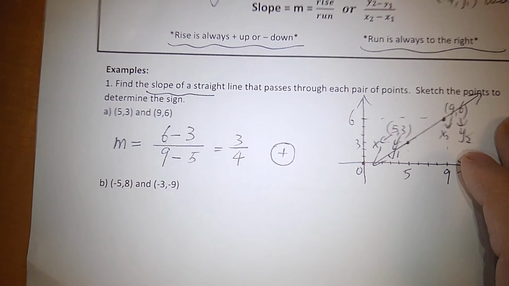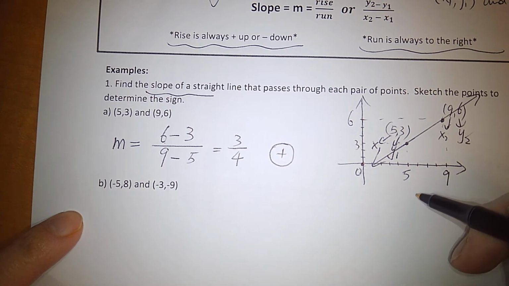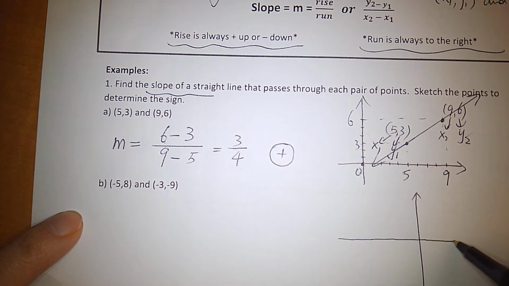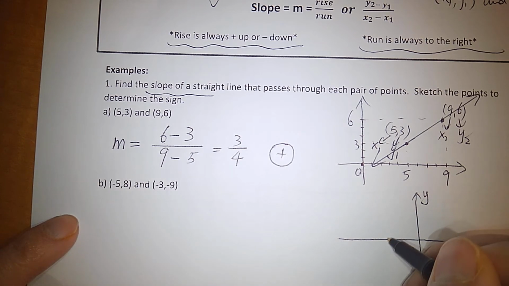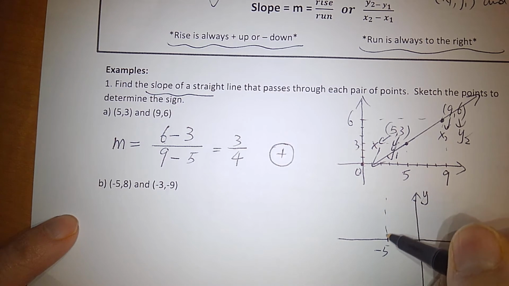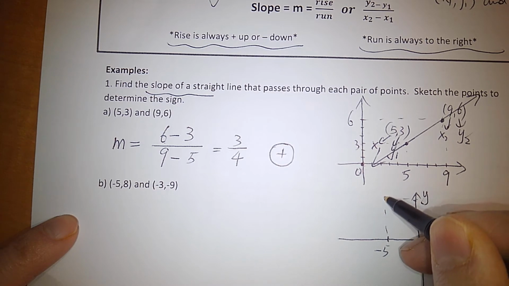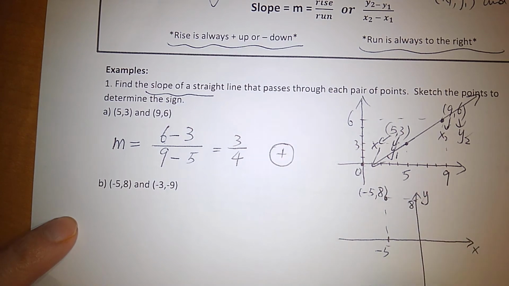Same question. Find the slope of the straight line passing through these 2 points. Draw the picture. We have a point negative 5, 8. Okay, so briefly, negative 5, 8.